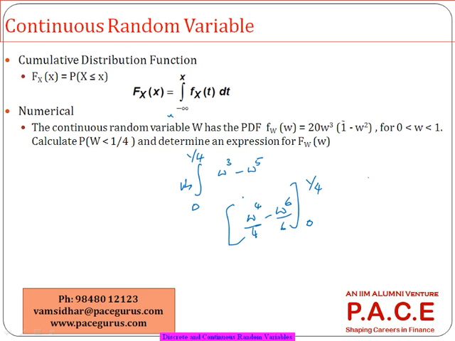So 1 by 4 to the power 4, or 0.25 to the power 4 by 4, minus 0.25 to the power 6 by 6. This entire thing you multiply by 12. That is the probability that the value lies between 0 and 1 by 4.